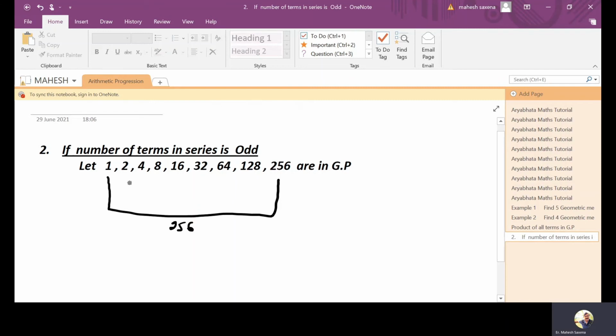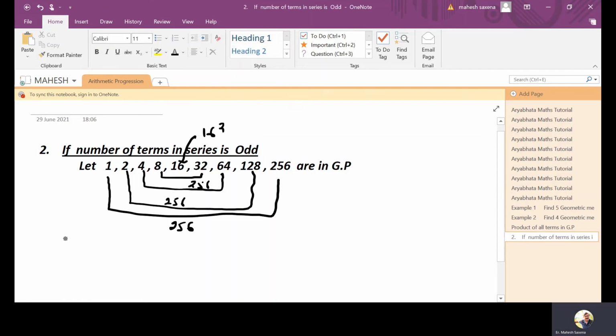Similarly, the second term and 128 is also 256. Similarly, 4 into 64 is also 256. It is also equal to 8 into 32, and the middle term is equal to 16 square.